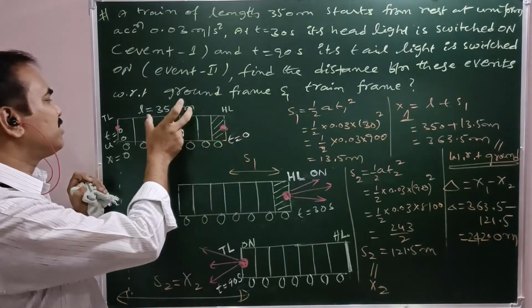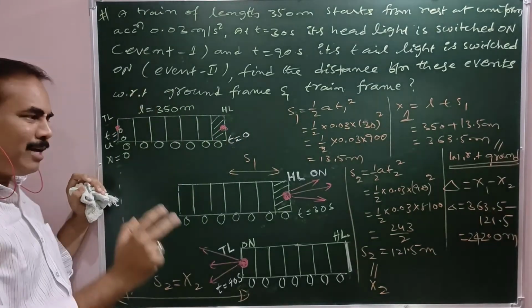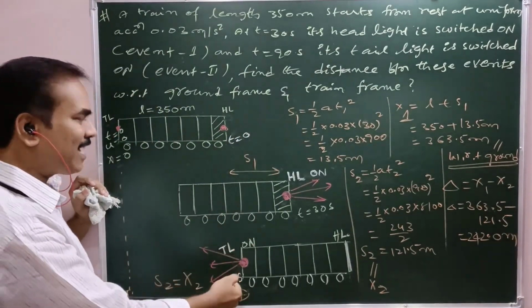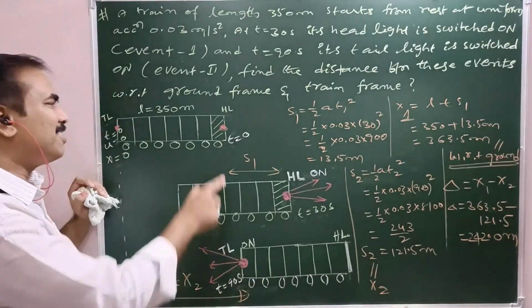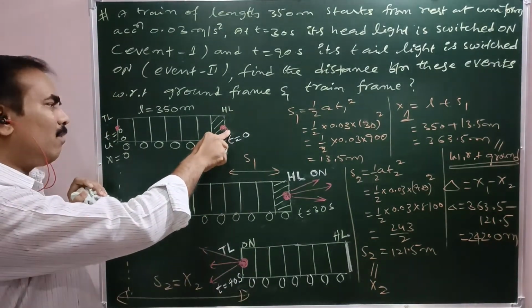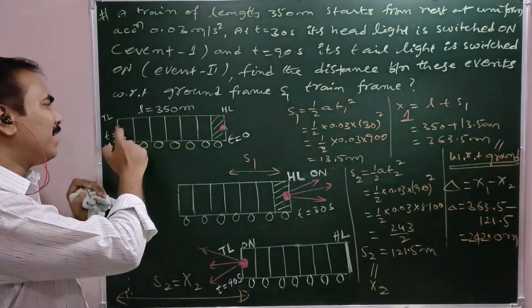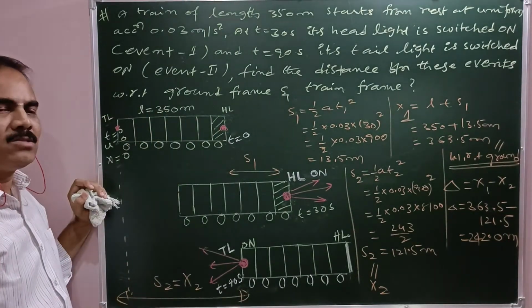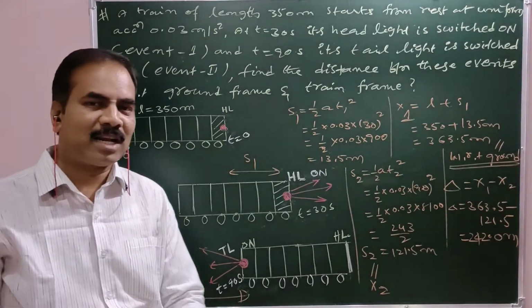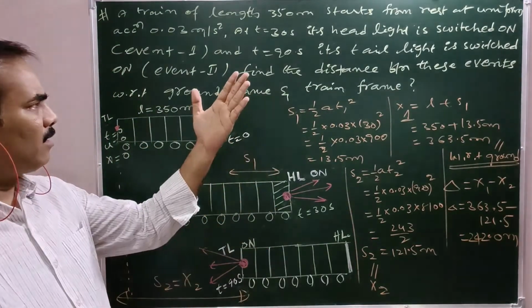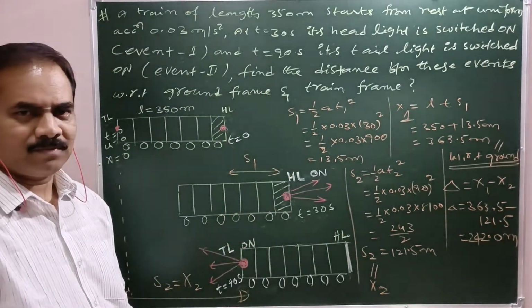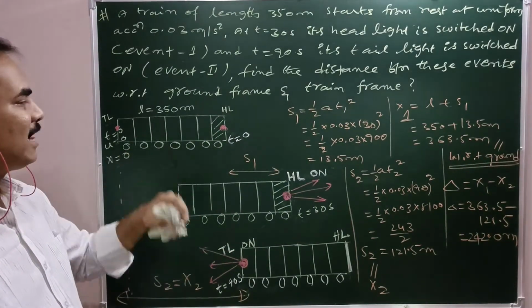These two are separated by 350 meters. So naturally, with respect to the train frame, the separation between two events is given by the length of the train.